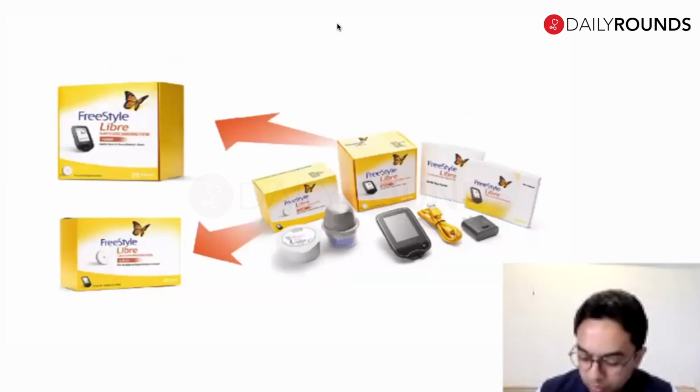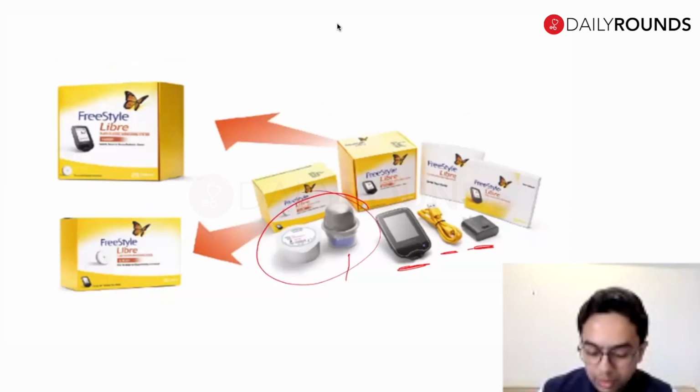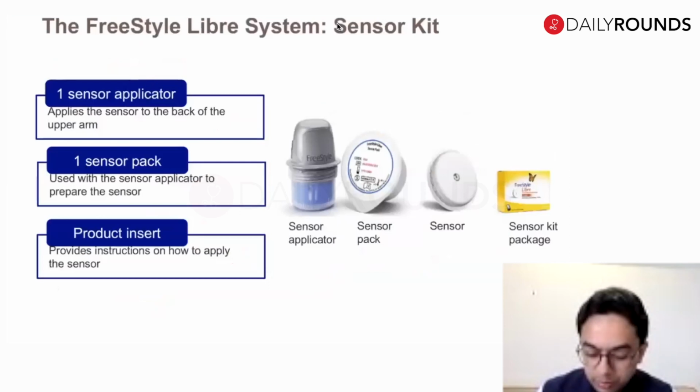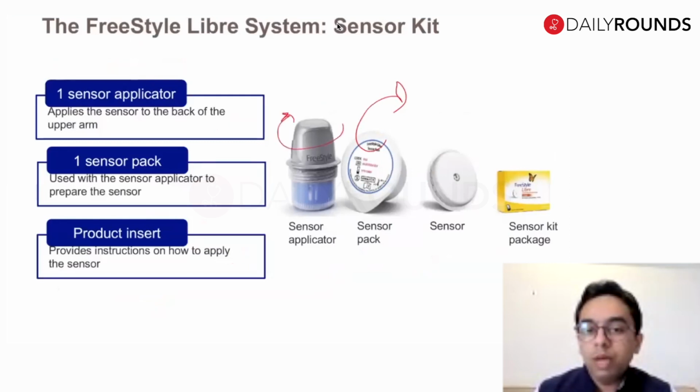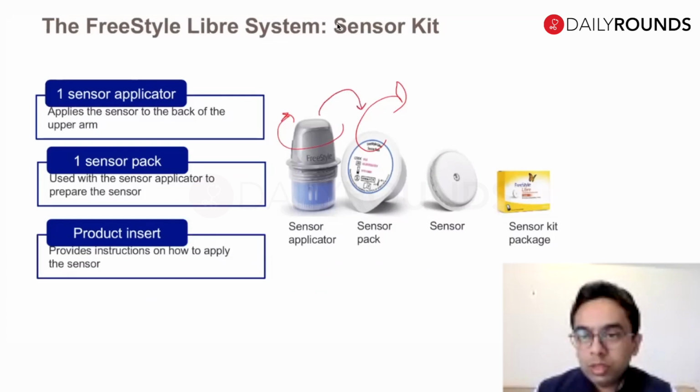Okay, so this comes in two kits. In one you have a reader along with a charger and a USB cable. The other one is the sensor. You have the applicator and the sensor. For the sensor pack, you just need to peel off the top, and then remove this by rotating the sensor applicator, and then push the sensor applicator onto the sensor pack.